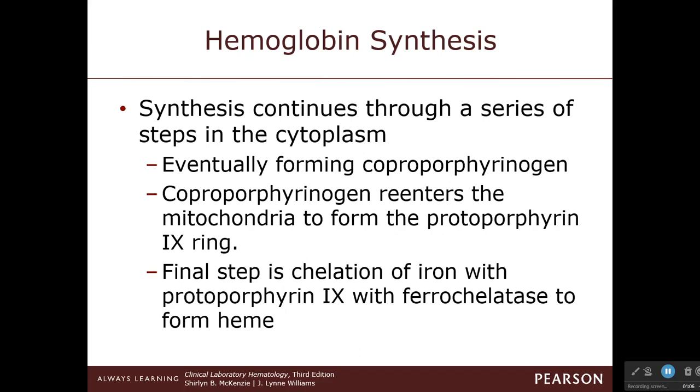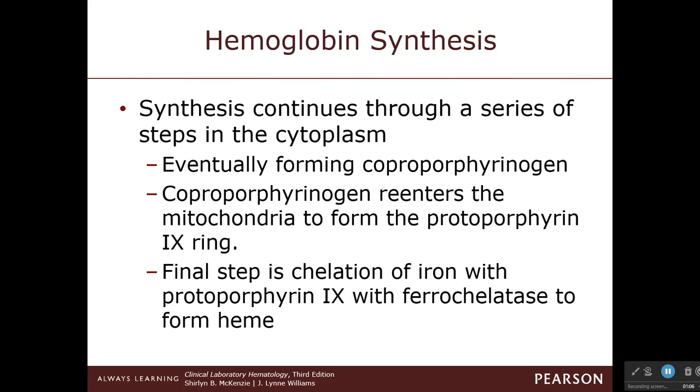I don't really care that much about the steps in between. Eventually I pray and hope that you guys will continue on and become MLSs, okay? Go to MLS school somewhere, get your bachelor's degree. Then you can talk about in between, okay? But I want you to know the beginning and the end product, which is this protoporphyrin 9 ring, okay?